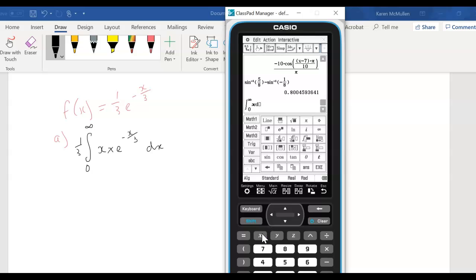And then x times, put the 1/3 in. So you could have left the 1/3 out the front, doesn't matter. 1/3 e to the power of negative x on 3 dx.